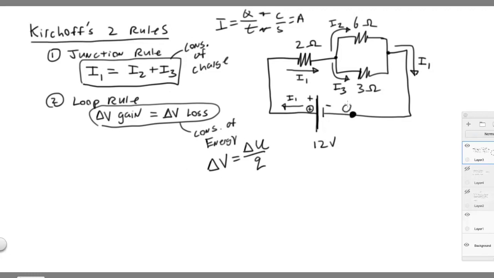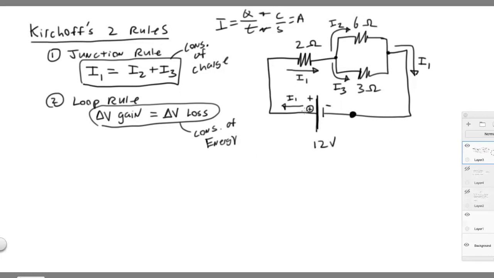Let's look at a positive charge right here. As it crosses the battery, it's going to be gaining potential energy. So that's a voltage gain. And as the charge goes through the resistors, that's a loss of potential energy. For any complete loop, the energy gained must equal the energy lost. Voltage gain equals voltage loss.